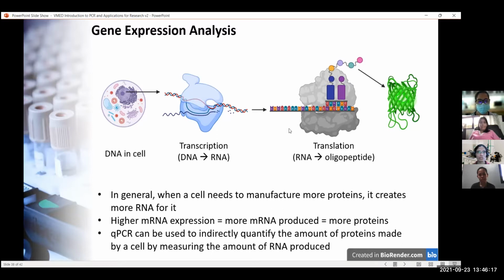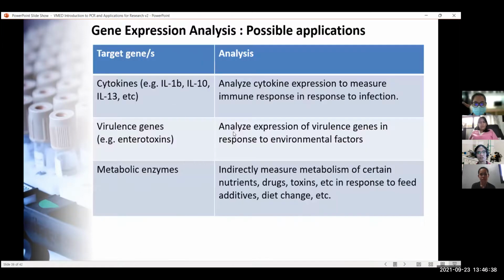So what you can do instead is gene expression analysis. Instead of measuring the protein, you measure the precursor, which is the mRNA. Theoretically, if you have higher mRNA expression, you have higher protein expression. So instead of measuring the protein, you measure the transcript, the mRNA.